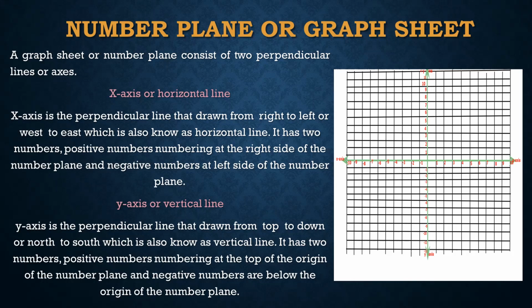So we have only two perpendicular lines that intersect to form what? The origin. The intersection of these two lines is the origin, and normally we use 0 to represent it. Okay, good.